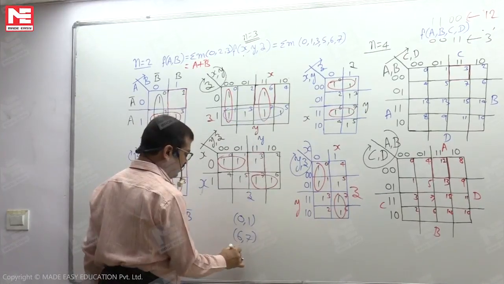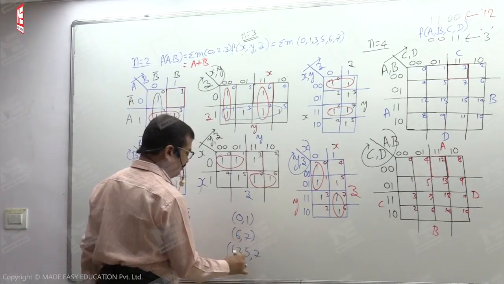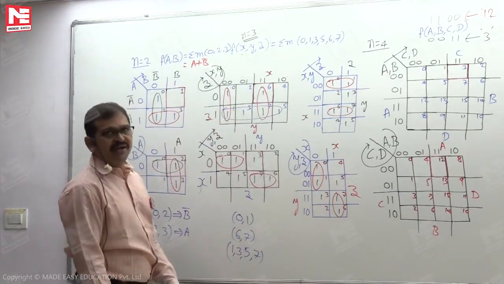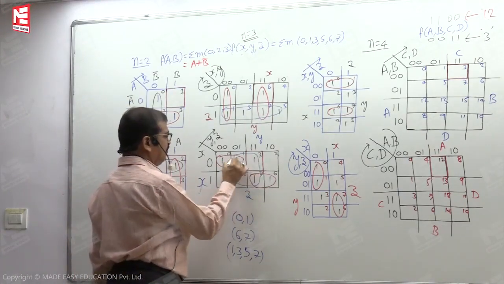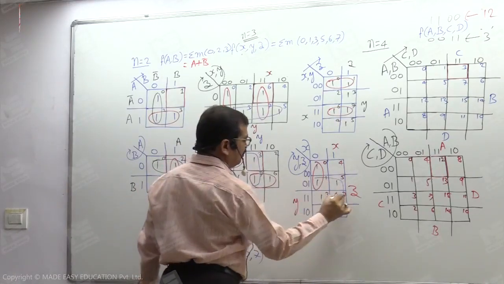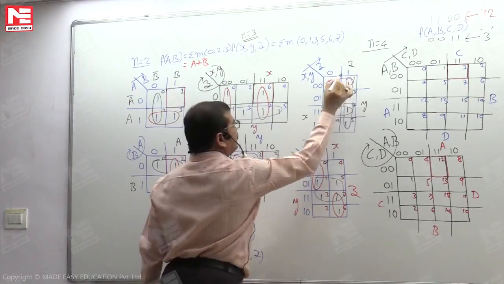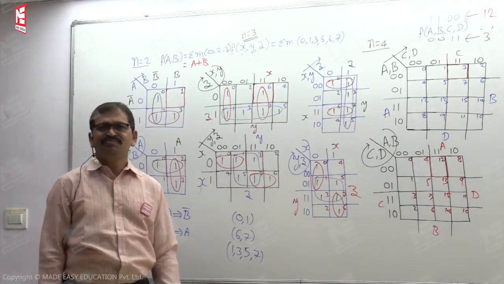So whether we are referring to the first format or any other format, it is the same thing: 1, 3, 5, 7. Format may be anything. It is only one 4-cell subcube.